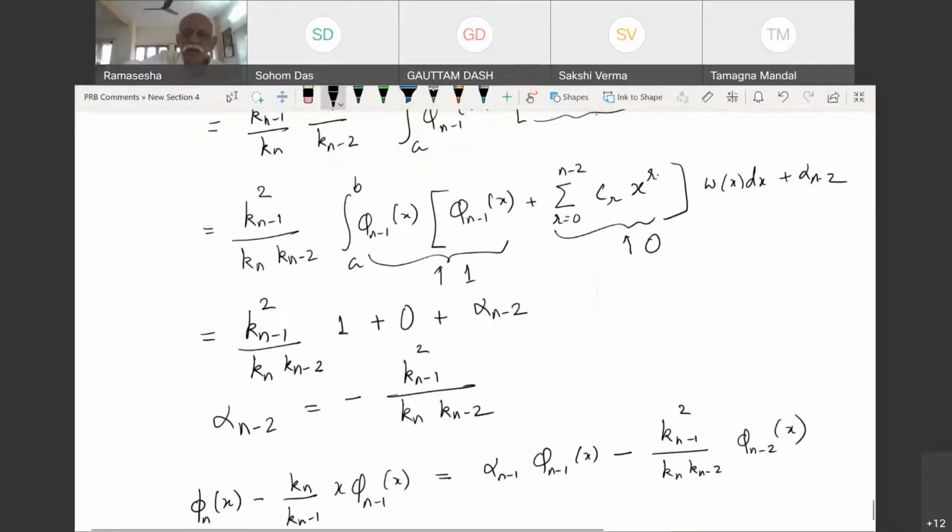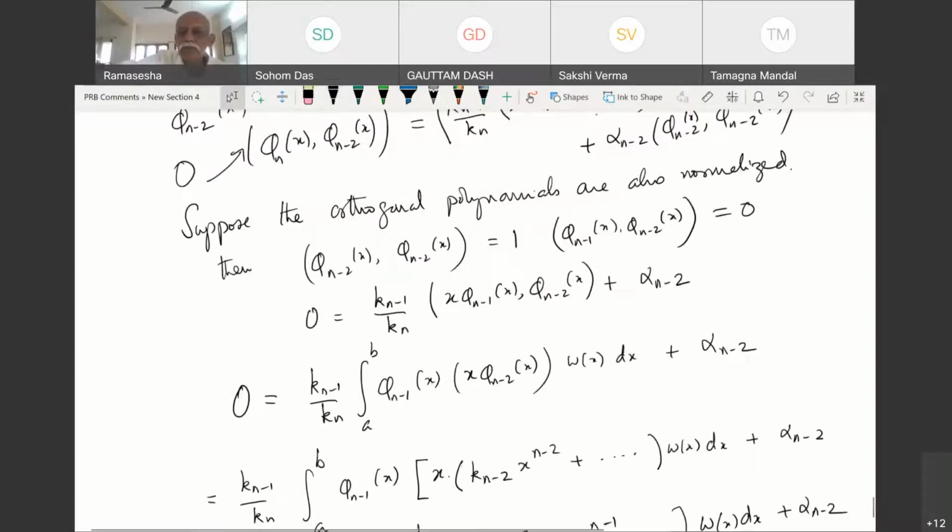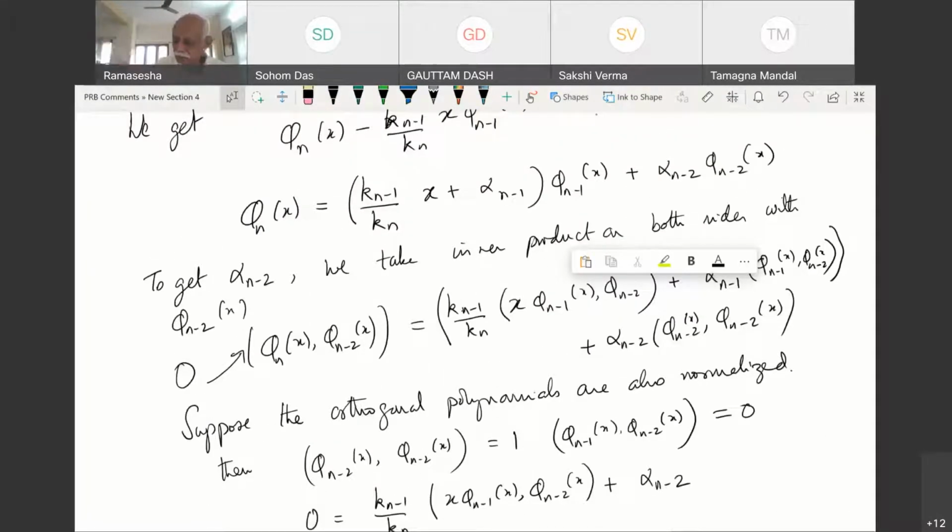So I've just used alpha_n here. This alpha_{n-2} that I had is what I have replaced it by.